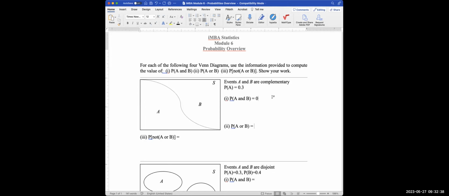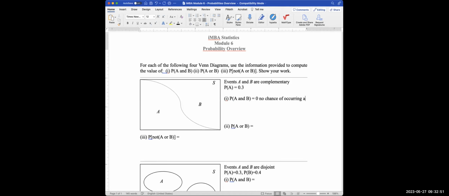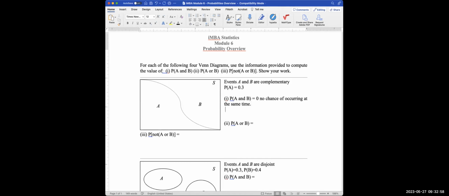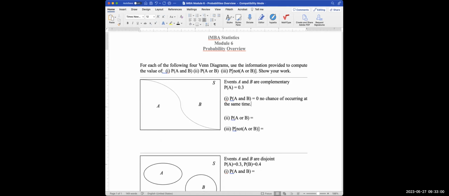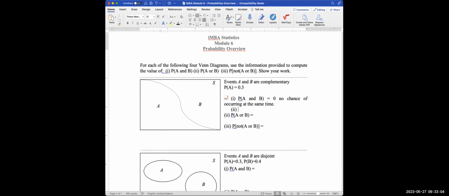What about the chance of A or B? What does that mean? 100%, right?